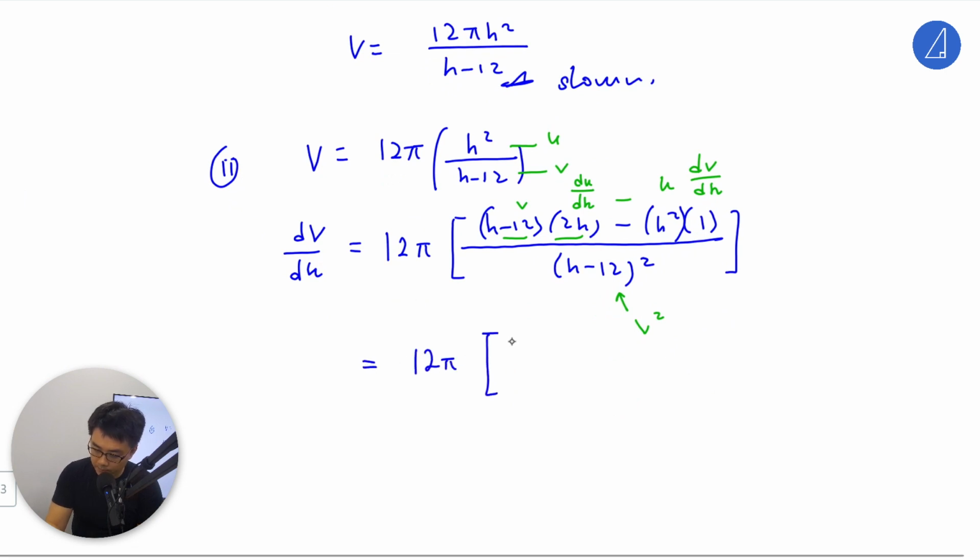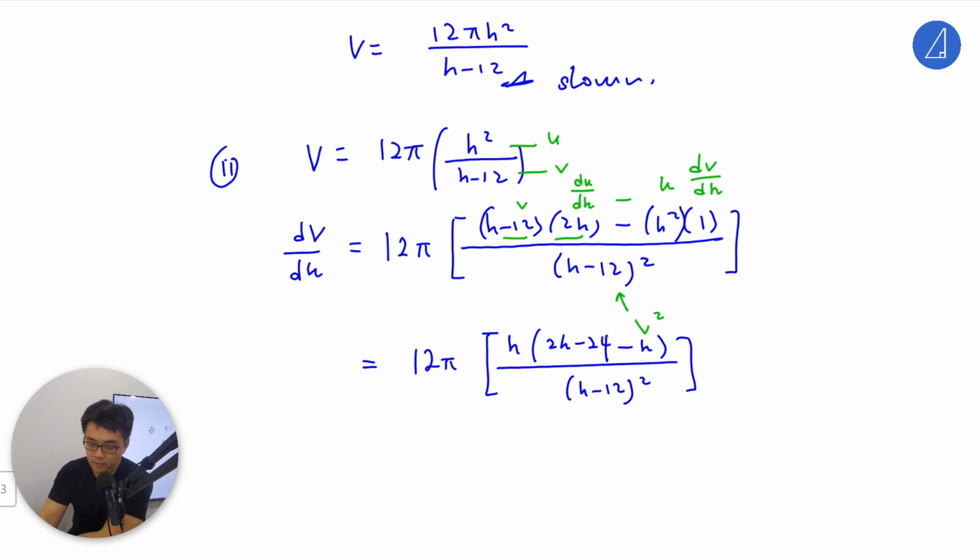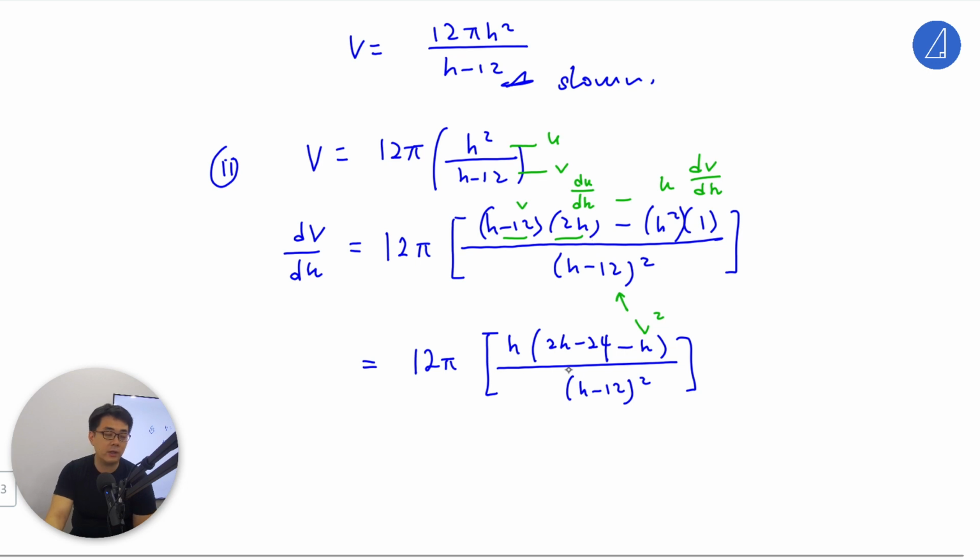I'm gonna factorize out the h. Now I want you to be aware that usually I like to factorize things out, because I explained it before. I'm not gonna say it again. Factorization is more superior than expanded form. Factorized form is usually more superior because we can see what. So when you see can factorize, just factorize it out.